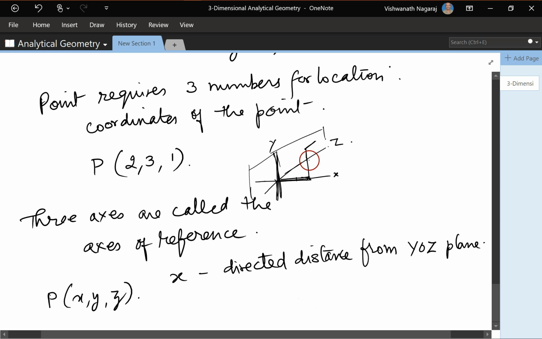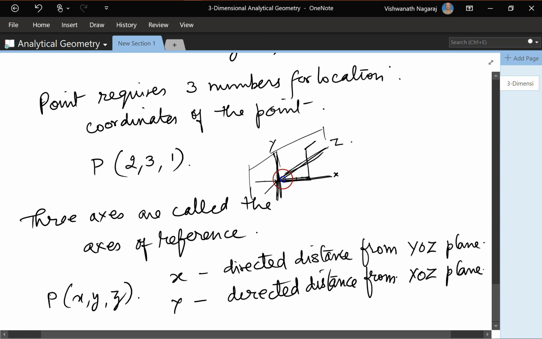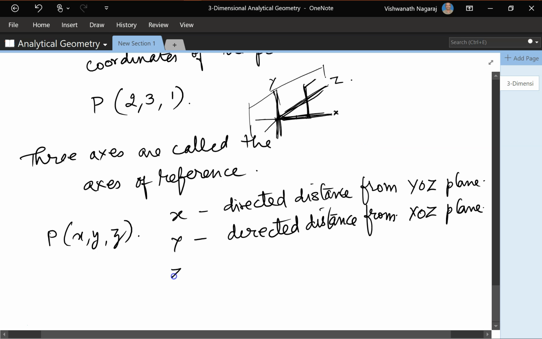Away from the YOZ plane. Similarly, directed distance from XOZ plane. So from here, how far away it is? And similarly, directed distance from XOY plane.